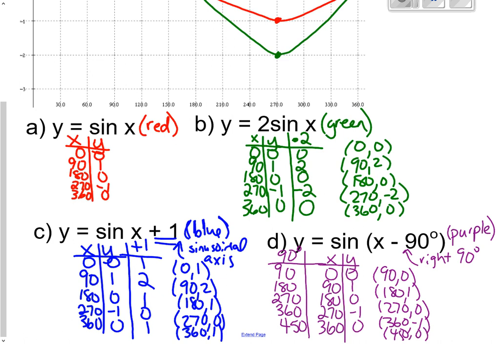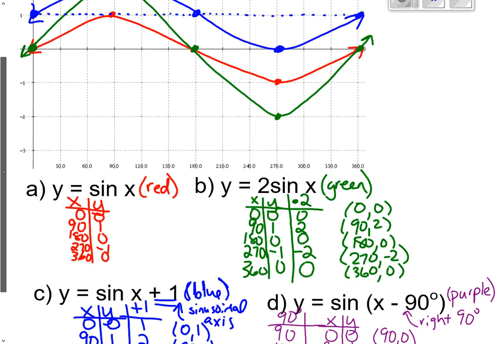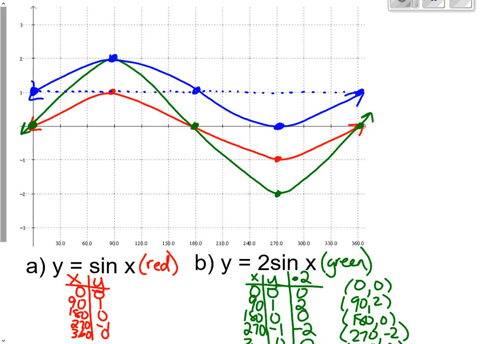All right, so let's plot these points on our graph. The first one is at 90, 0. So that's right here. And then it goes 180, 1, which is right here. 270, 0, which is right here. And 360, -1.